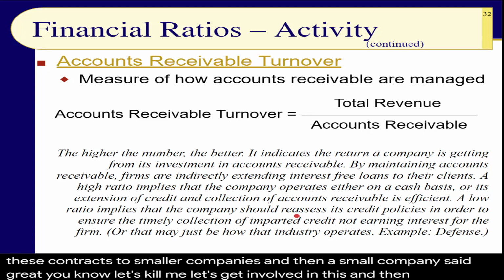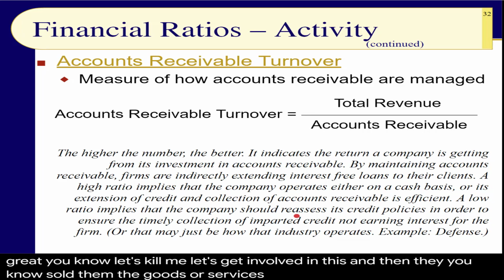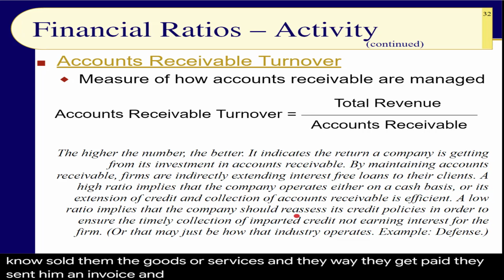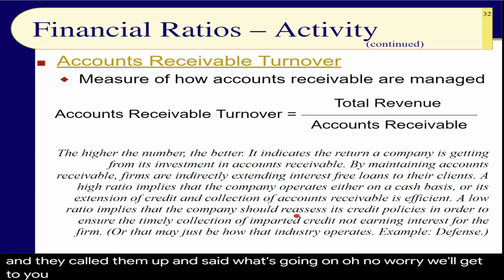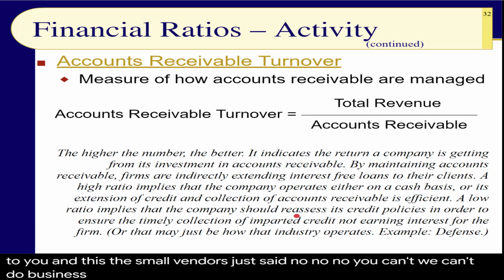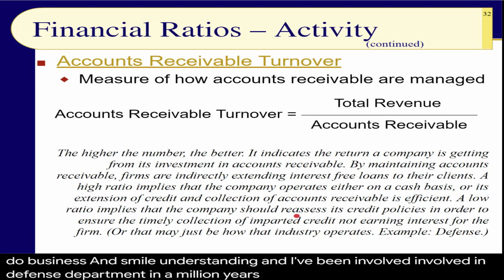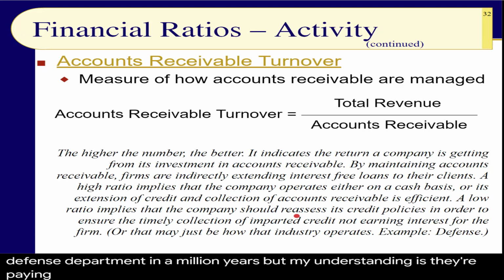They sold them the goods or services, and they waited to get paid, and they sent them an invoice, and they waited to get paid, and they sent them another invoice, and they called them up and said, what's going on? Oh, don't worry, we'll get to you. And the small vendors just said, no, we can't do business like this. You have to pay us quicker. And my understanding is, I haven't been involved in the Defense Department in a million years, but they're paying their bills faster.